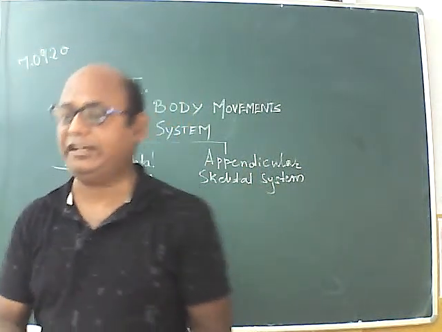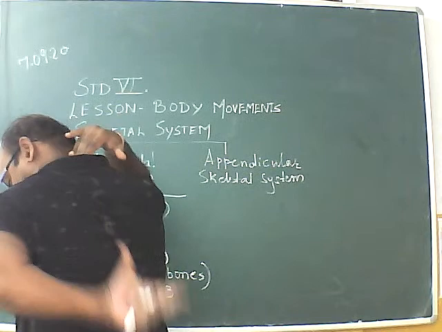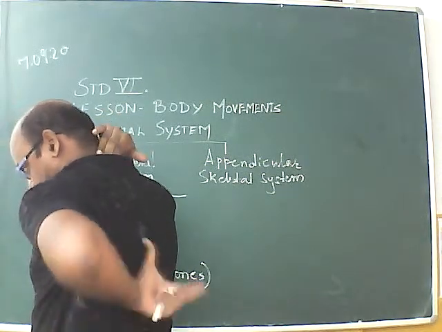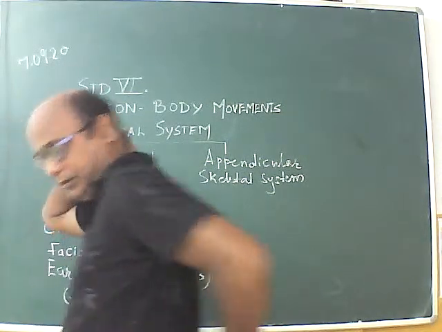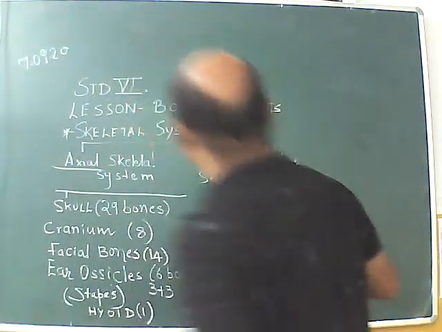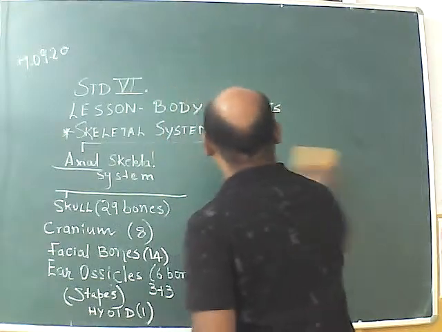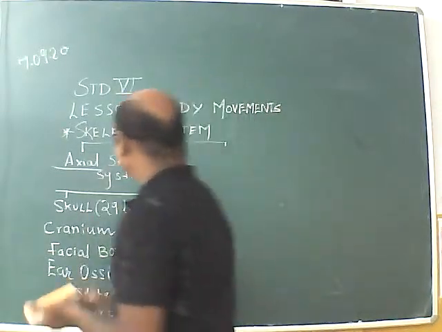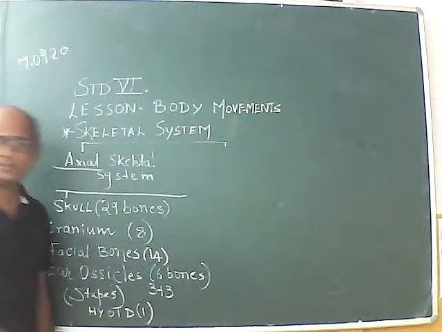Okay, then we will find the vertebral column starting just below the skull. Now, how many bones are there in this vertebral column, we will see. Now we are studying the axial skeletal system.